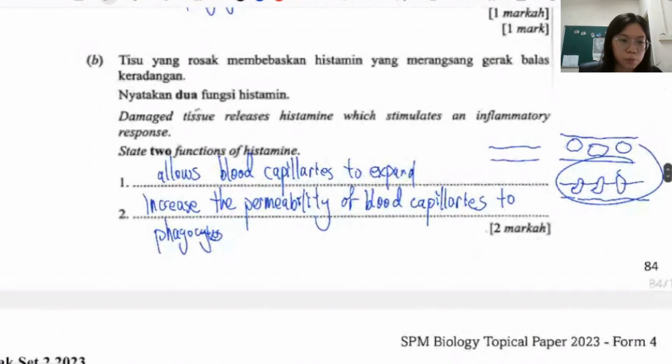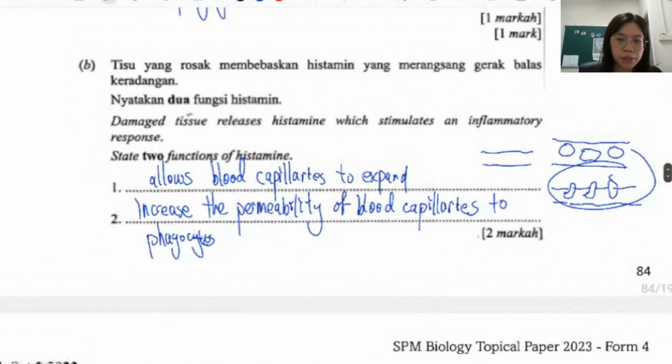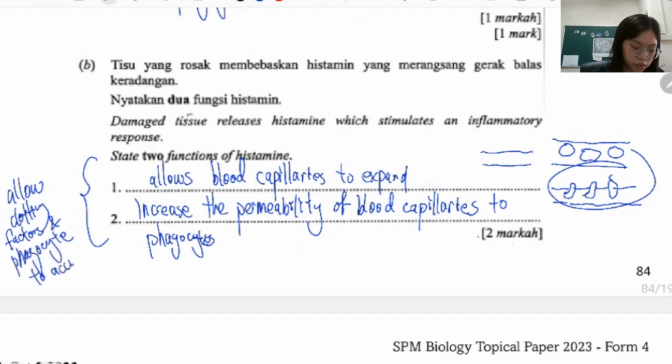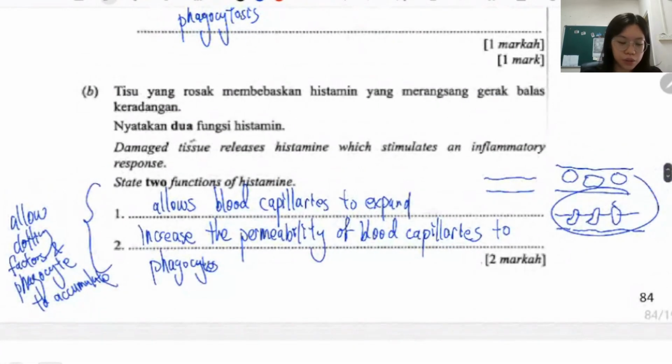Yeah. So the main reason is basically to allow the clotting factors and phagocytes to accumulate in the injury area, infected area, because there are a lot of pathogens.